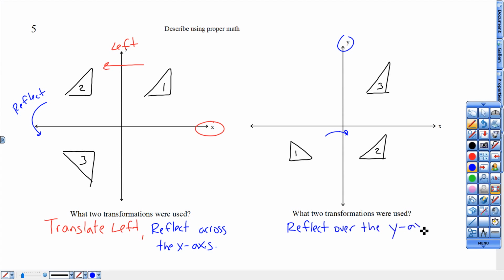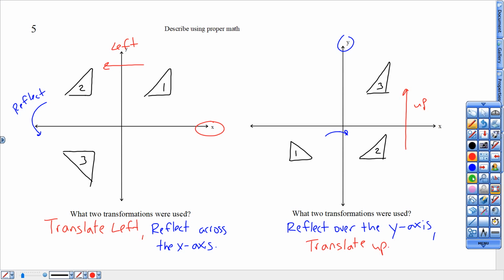So do that first, reflect over the y-axis, and then look at this direction going up, translate up. That's what I'm doing on that one. All right, so for those, translate left, know your direction, reflect, know the difference.